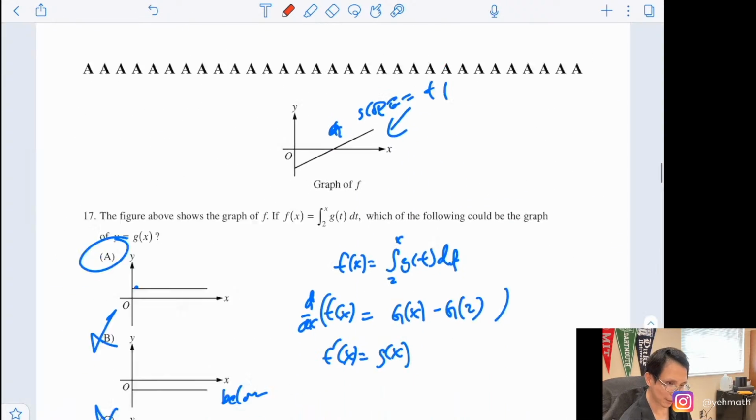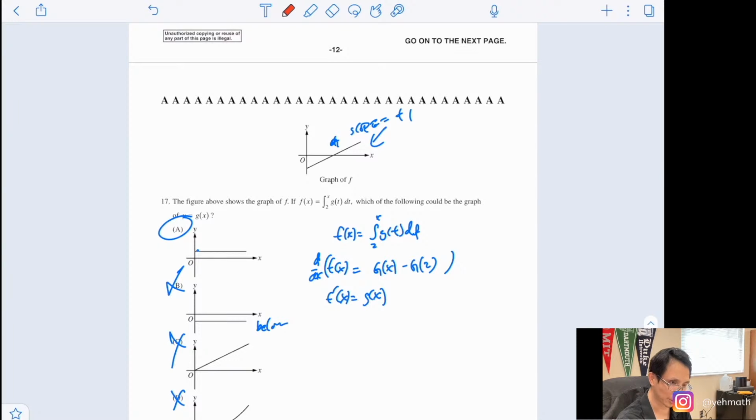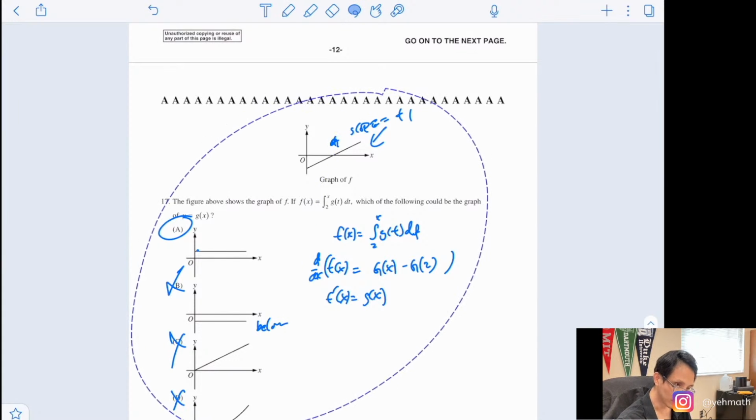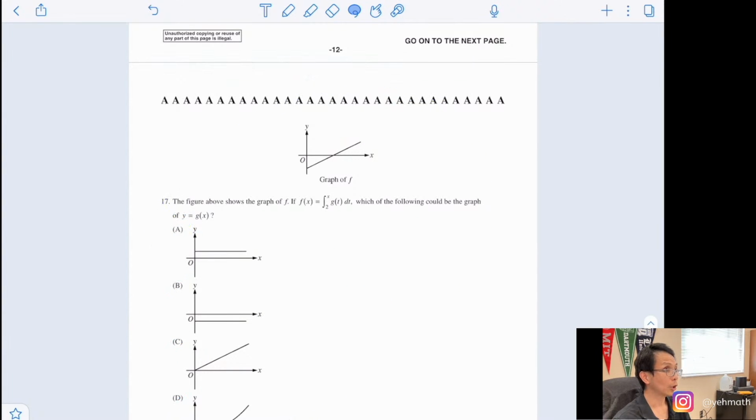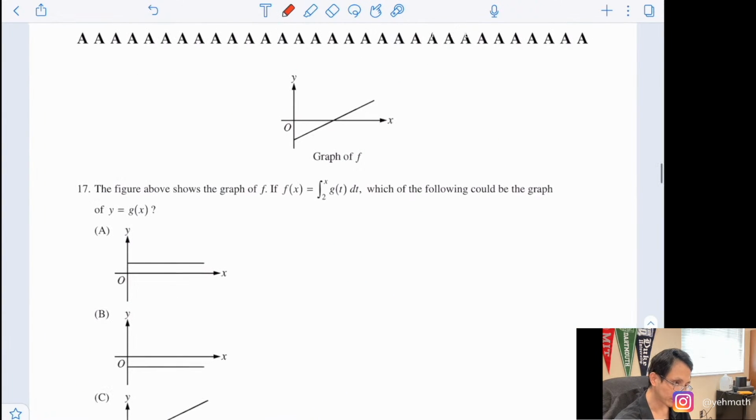Oh, I love 17. That was a good question. So the question is asking what is g of x, which one could be g of x, but we don't have a g of x. We have this statement right here, and this statement doesn't have a g of x. If you pay attention, it actually does.